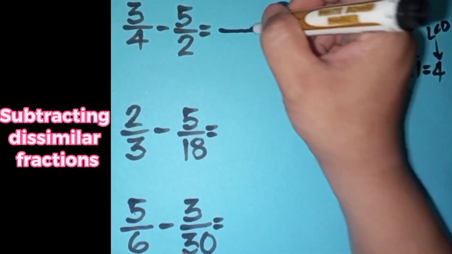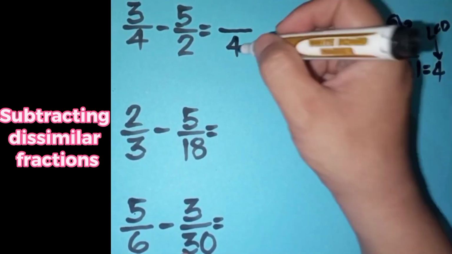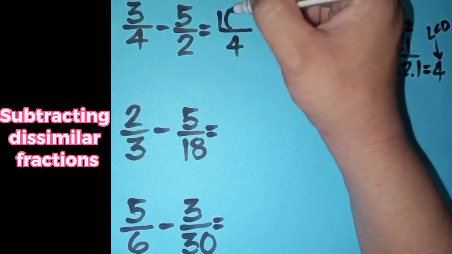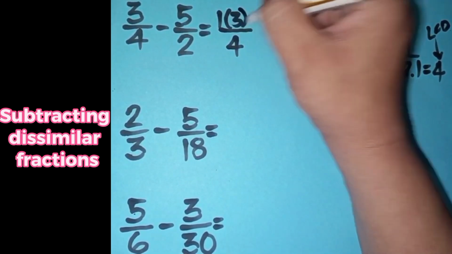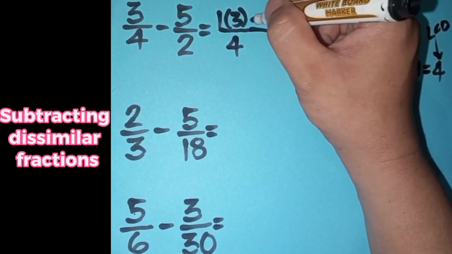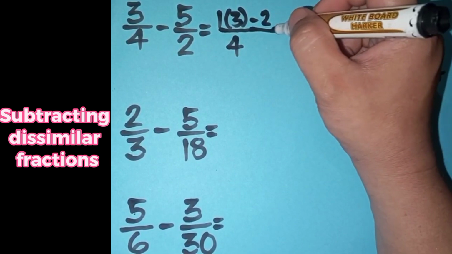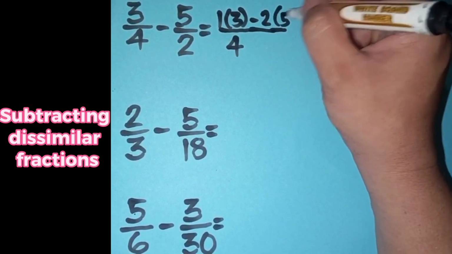So we have now 4. 4 divided by 4, that is equal to 1, times the numerator 3, minus 4 divided by 2, that is 2, times the numerator 5.